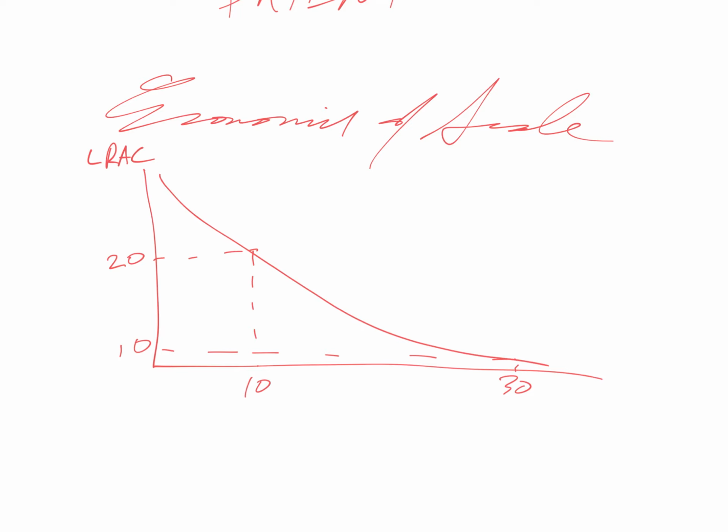Well, let's say this is the entire market for this particular good. 30 units is the market. That's total demand. Which is better? To have 3 firms producing 10 at an average cost of $20 per unit, or have 1 firm producing all 30 units at an average cost of 10?